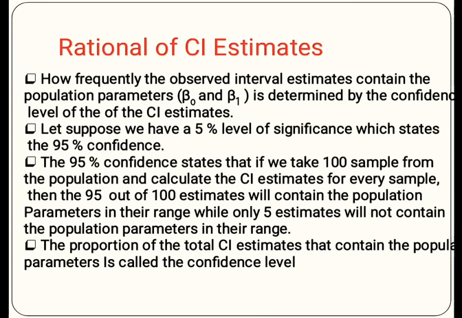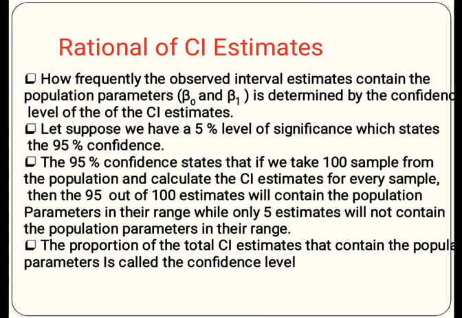So we have to optimize the confidence level and the alpha. For economics, the optimal level of alpha is 5% and the confidence level is 95%. Let's suppose we have a 5% level of significance, which states a 95% level of confidence.